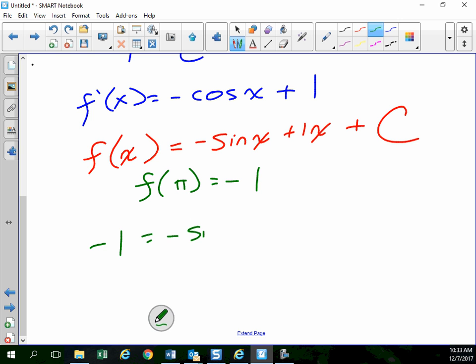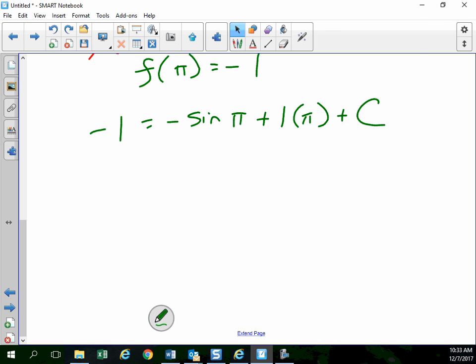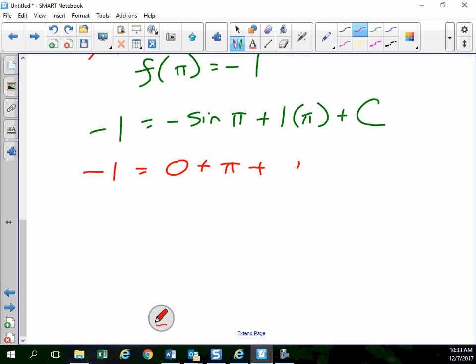Negative 1 equals negative sine pi plus 1 times pi plus c. Jason, sine of pi. Emma, c equals?